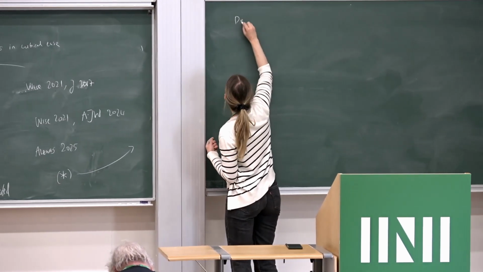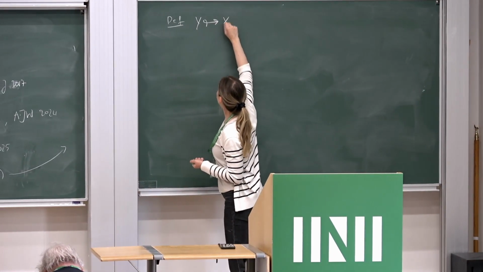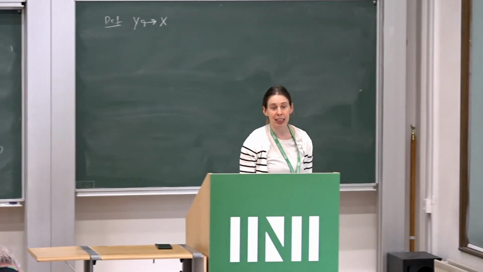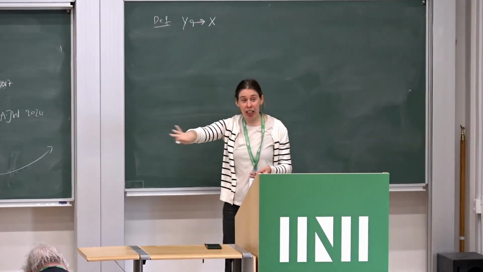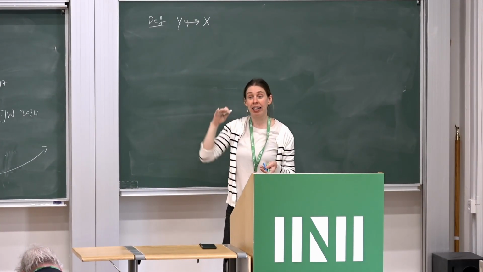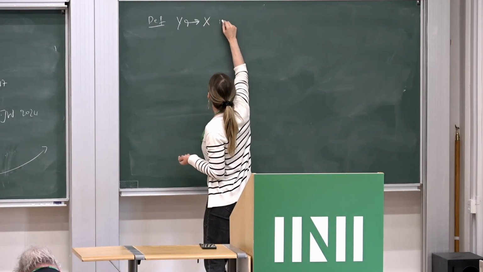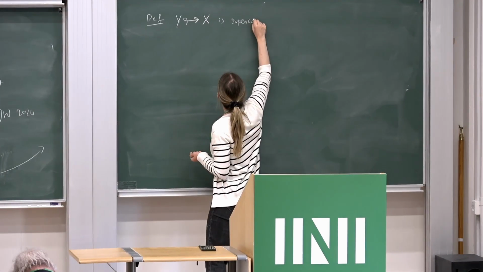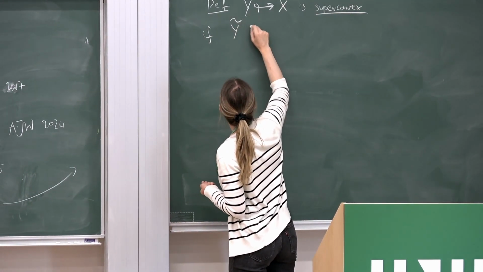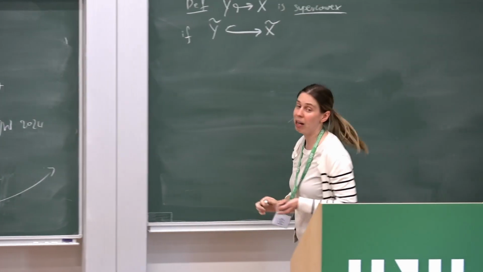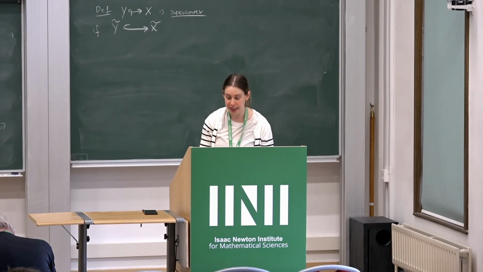And now superconvex. If I have a map of non-positively curved cube complexes that's a local isometry, it is a fact that if we look at universal covers of Y and X, this map induces an embedding of the universal covers. And so we're going to say that this map is superconvex if the induced map of the universal covers, for one, is an embedding of a convex subcomplex.